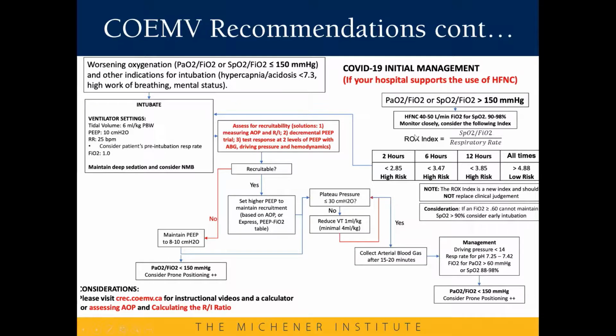It talks about the ROX index and calculating our ROX index and if our patient is at risk and if we should be moving to consider intubating. So it adds in that additional portion to this. Otherwise, the flow chart is essentially the same.